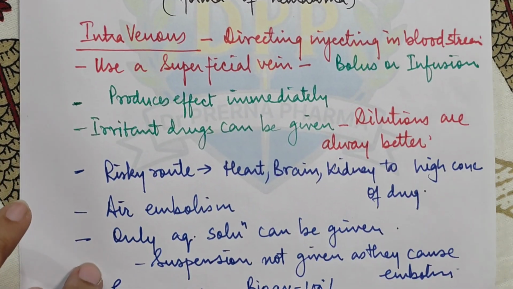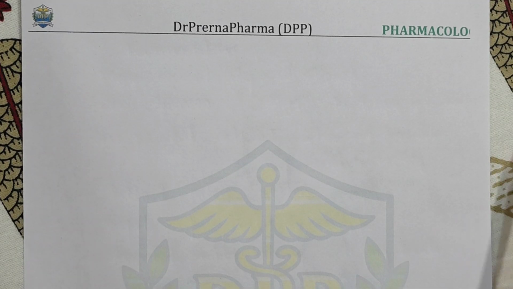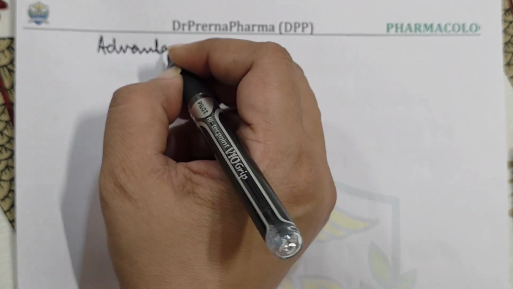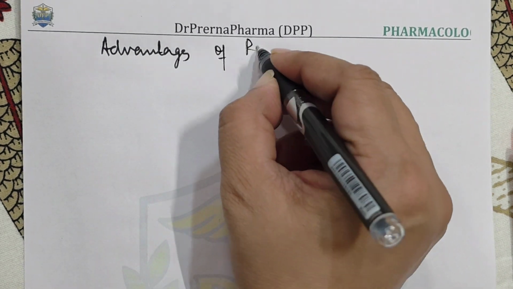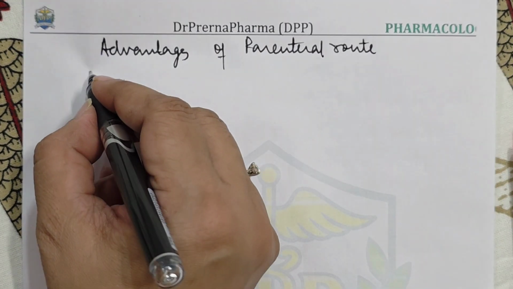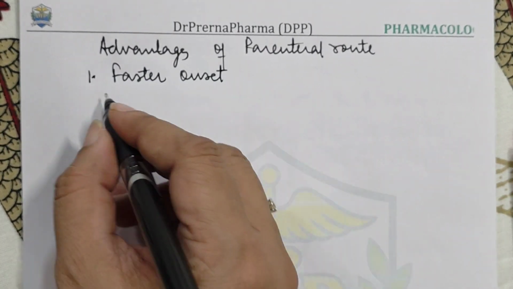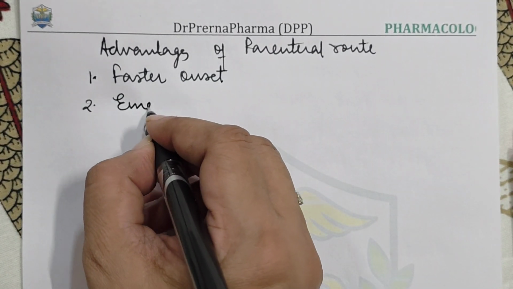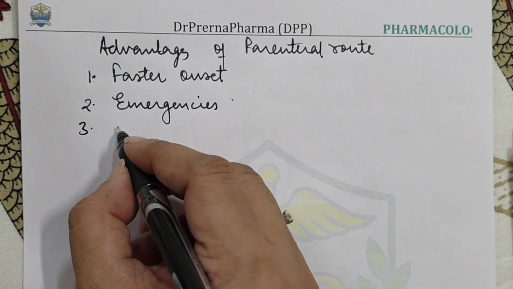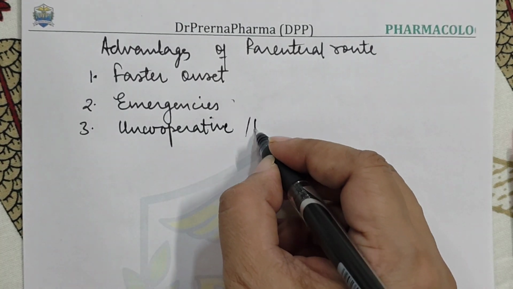So these are the different parenteral routes. Now, what are the advantages of the parenteral route? The first advantage is that it has a faster onset of action, while the oral route had a slower onset. It is useful in emergencies, while the oral route couldn't be used in emergencies. It can be used in uncooperative, unconscious or vomiting patients, right?